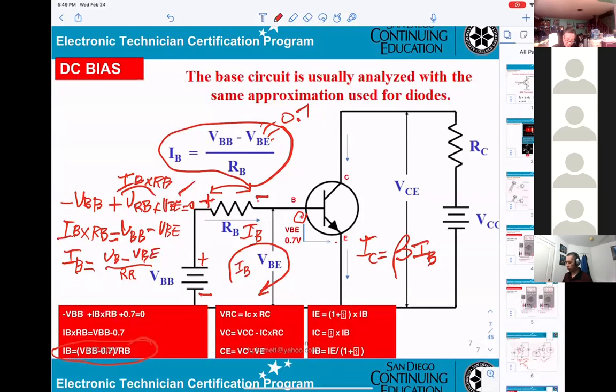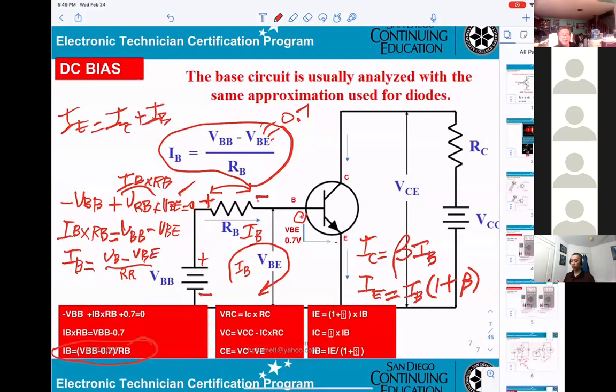And also, if you want to calculate the IE, I use this formula: IE equals IB times (1 plus beta). You already know the formula IE equals IC plus IB.